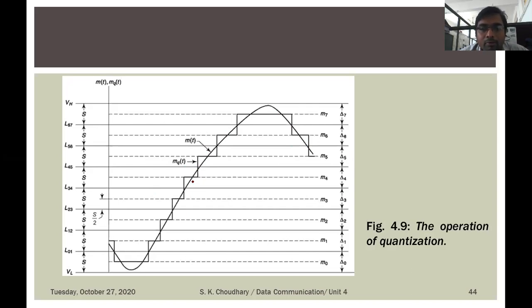But before that we perform a quantization operation. For quantization, we first define the range of the signal. We come from the most negative value, taken as VL, the lowest value of this particular signal, and the highest value of the signal is considered as VH.